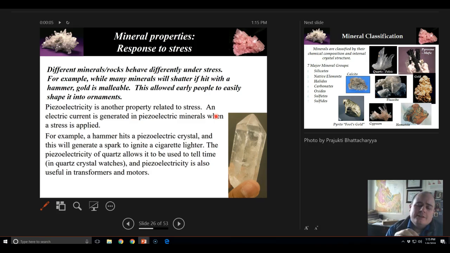The movement of each one of those crystals as we apply electricity to it allows us to tell time. It's also used in other things like transformers and motors, because of how it shakes or moves as electricity goes through it.